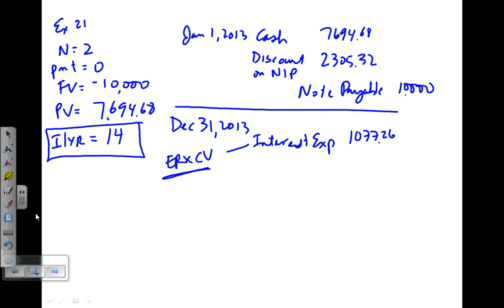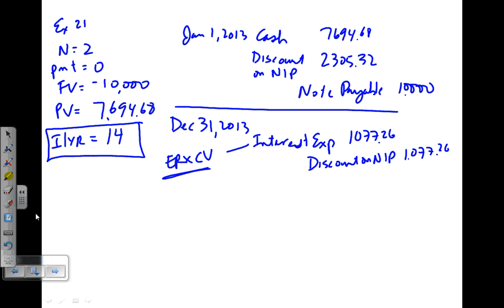What I'm going to do is amortize from the discount on note payable, and that's 1,077.26. And that's obviously going to change the carrying value of the note.